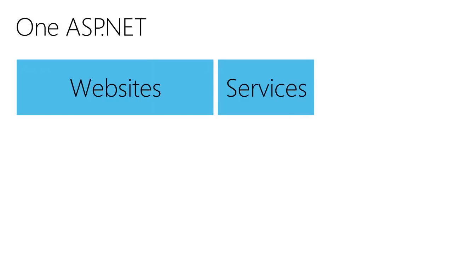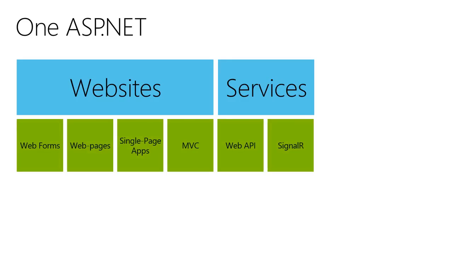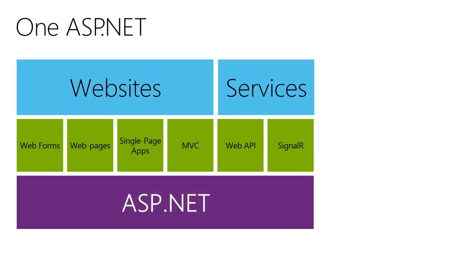So let's go ahead and talk about One ASP.NET. This is their new marketing buzzword that basically means that ASP.NET is ASP.NET. Whether you're using MVC, web forms, or doing an API, it's all ASP.NET. The idea is that all of these are built on top of ASP.NET.